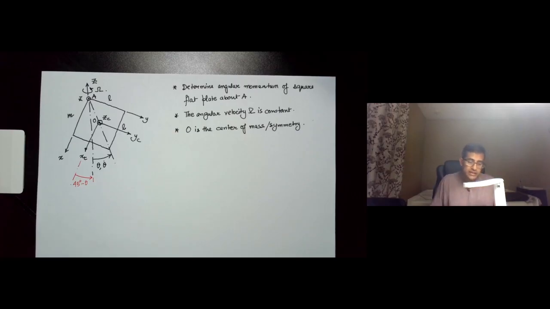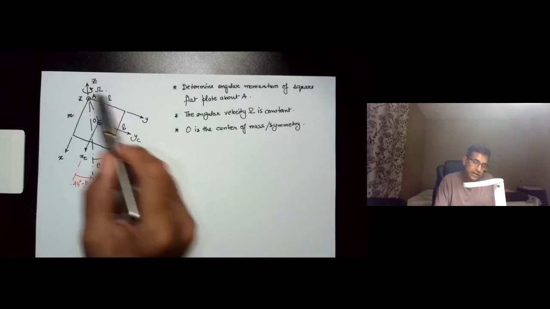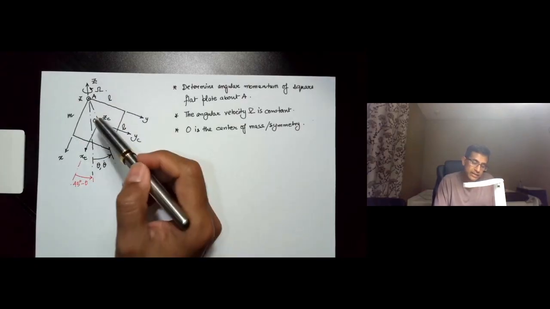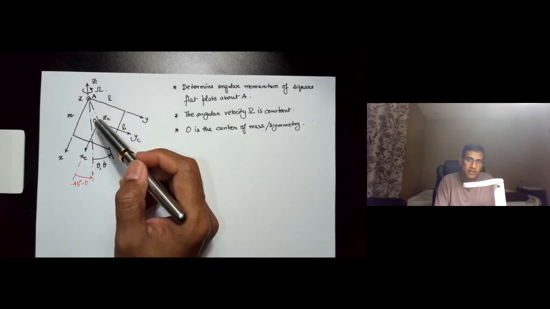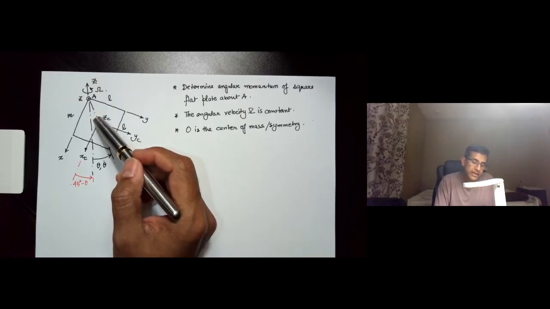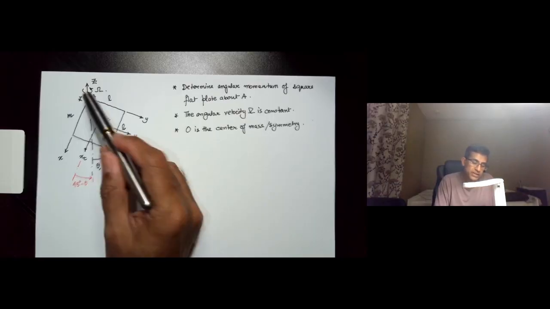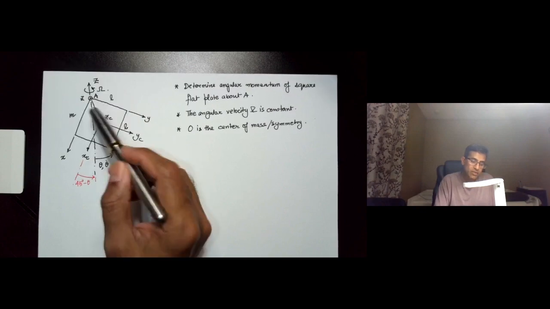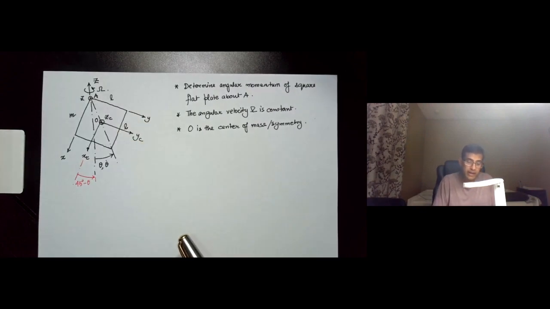So in this case, you can calculate the angular momentum using two ways. One is to say that the plate has an angular momentum about its center of mass, and the center of mass, by virtue of its velocity about the point A, has an angular momentum about A itself. That is the approach that we are going to show in this video.